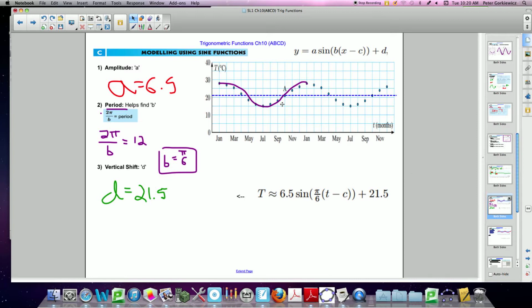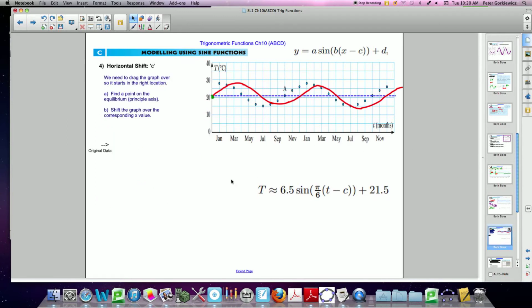If you take this and you plug it in, you're going to get this. If we graph this, you get this red line, and it's not where we want it to be, right? It's a sine curve, so it starts at 0, comes up to a maximum, comes back down to equilibrium, dives down, and then returns to 0 around here in January.